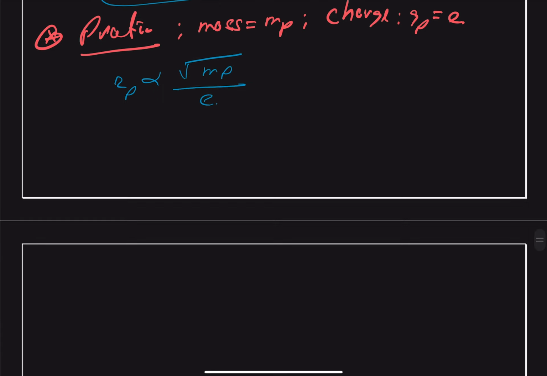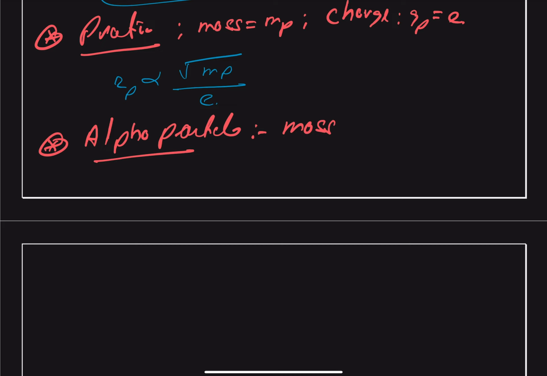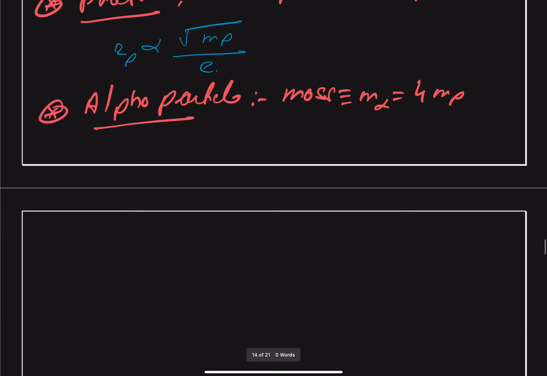And finally we have our alpha particle. So we can write our alpha particle, so its mass, that is our m alpha, will be equal to 4 times mass of proton, and our charge, that is our q alpha, will be equal to 2 times the charge on electron.